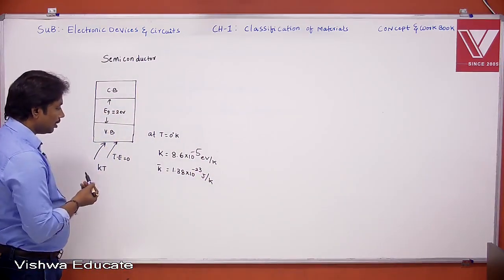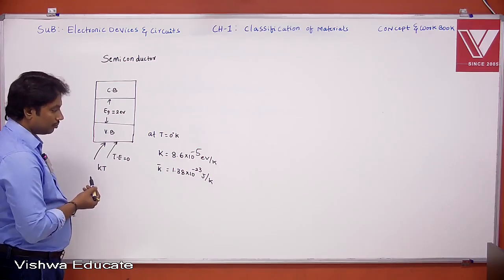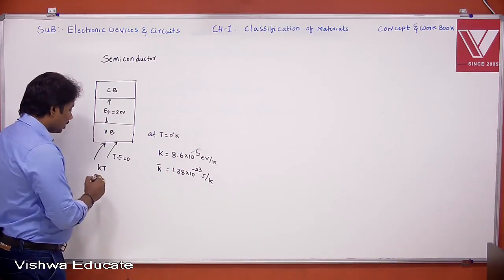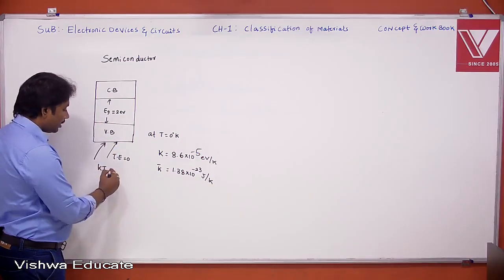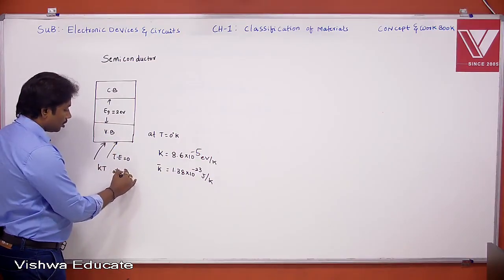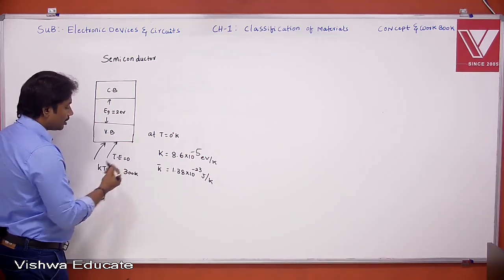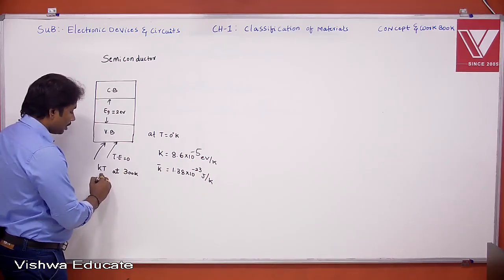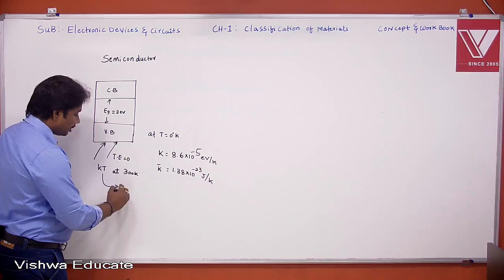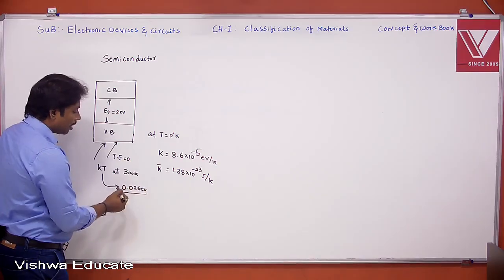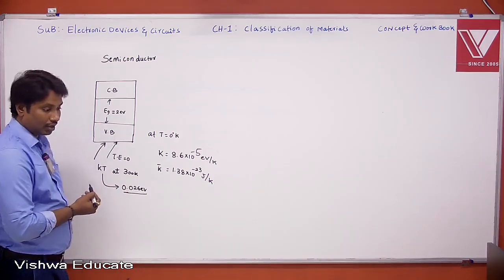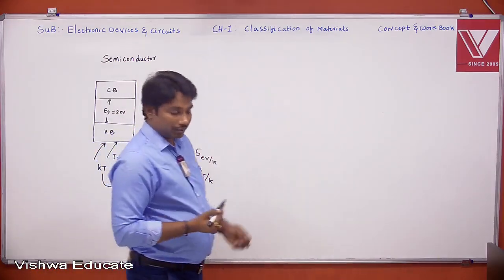This is the difference between K and K bar. The average thermal energy supplied to the valence electrons at room temperature, that is 300 degrees Kelvin, is 0.026 electron volt. Write down up to so far.